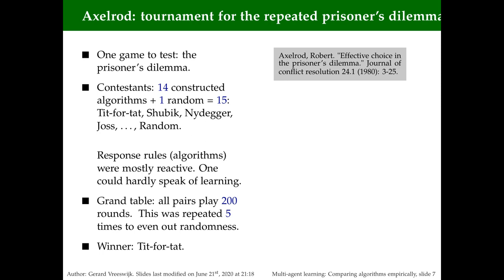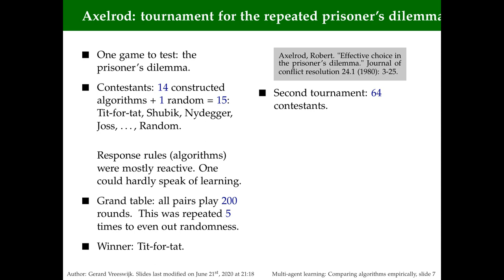Then quite some time passed, and a new tournament was organized, and people could learn from the first tournament. They had knowledge that tit for tat outperformed all the other algorithms, and they had the opportunity to write smarter and niftier algorithms.